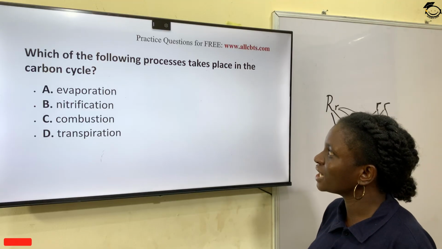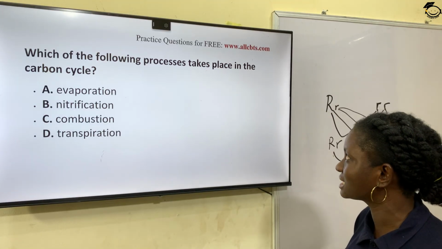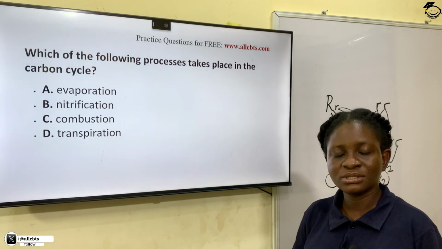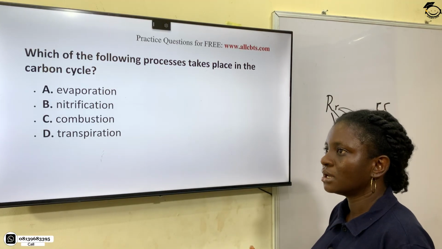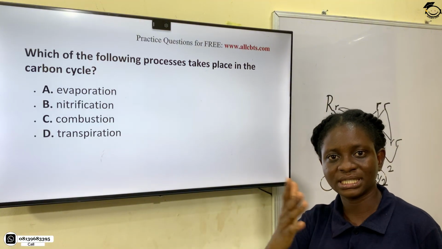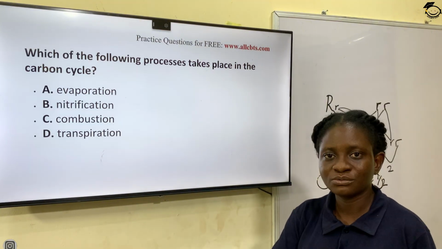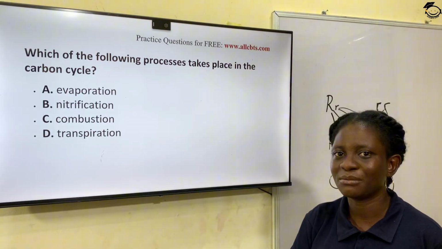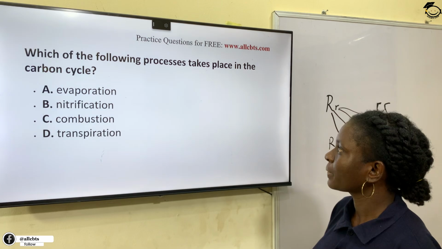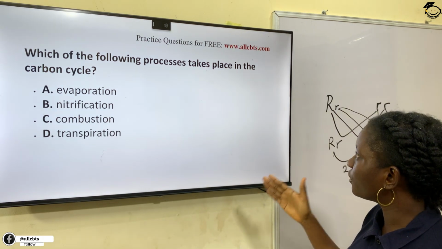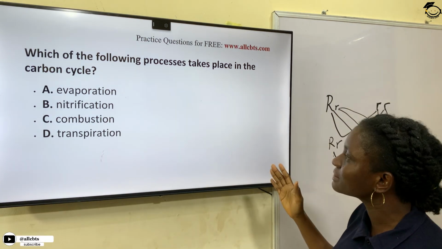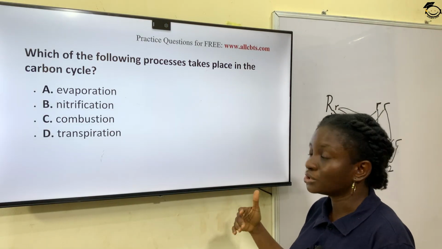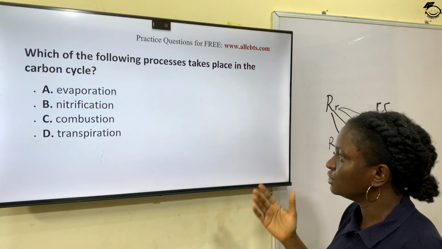Next question. Which of the following processes takes place in the carbon cycle? Well, the carbon cycle involves carbon in the atmosphere, its relationship with organisms, the release of carbon and intake of carbon. Evaporation is not involved.